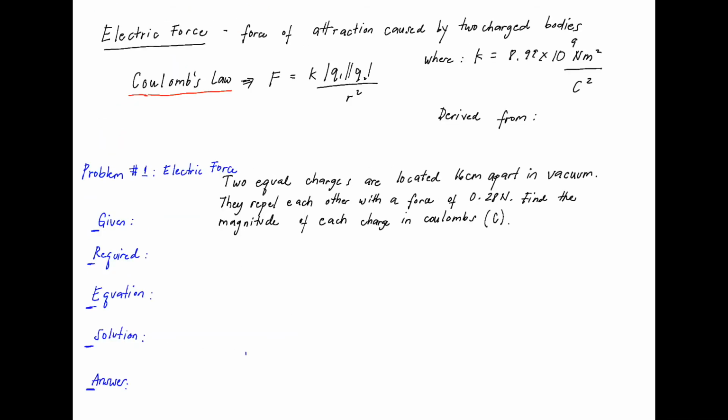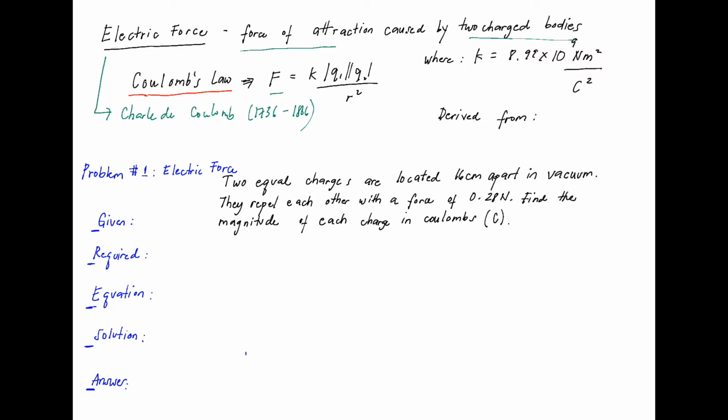Now let's talk about electric force, where we define it as a force of attraction caused by two charged bodies. And this electric force has been studied by Charles de Coulomb around 1730s. So we have 1736 to 1806. According to him, the electric force between the two charged bodies parallels Newton's law of gravitation.